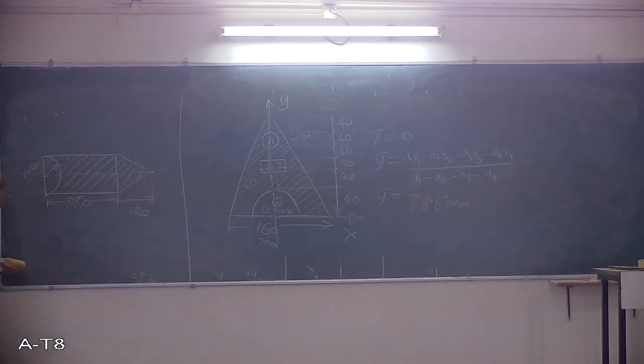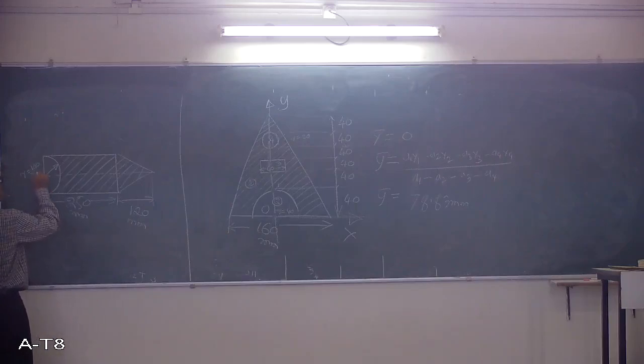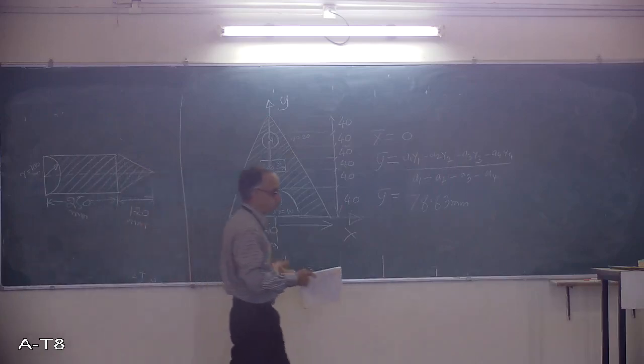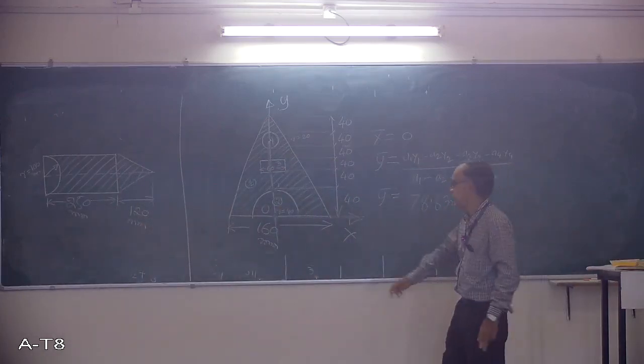So once again, these dimensions are all in millimeters. If you look at the figure, what is the difference between this example and that example? It is symmetrical about the x-axis. The previous figure was symmetrical about the y-axis.